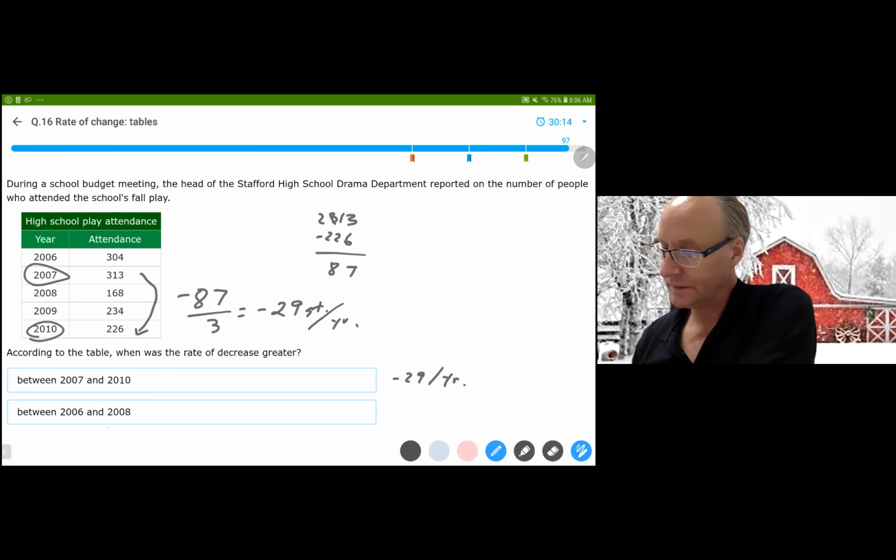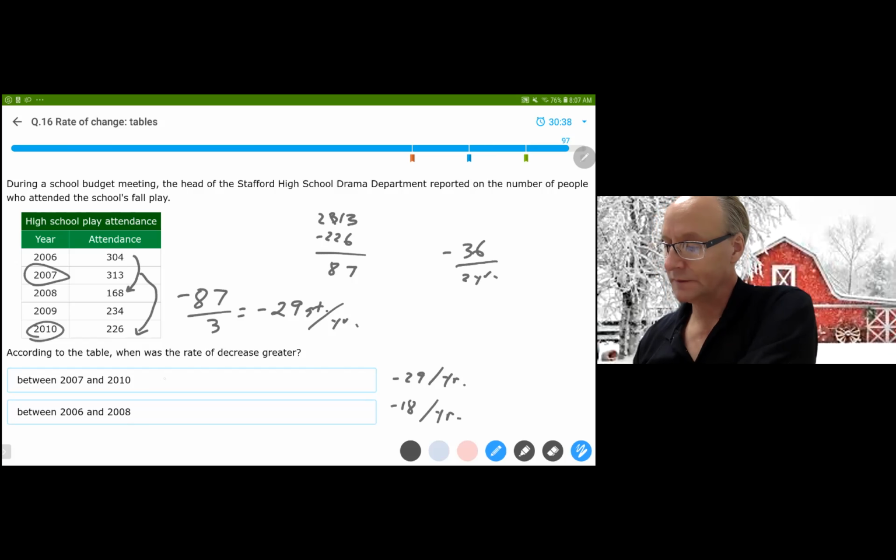Okay, 2006 to 2008. This is a period of 2 years. It looks like it went down 4 and 32 makes 36. Did it go down 36? Looks like it over 2 years, which is 18 per year.